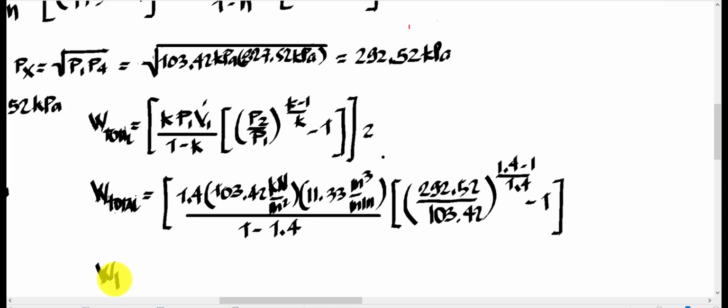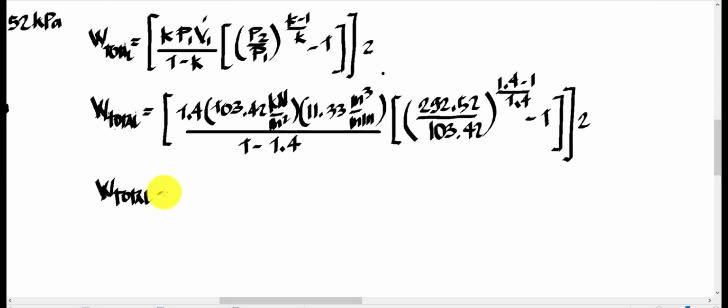So we have now the total work. I'm going to multiply this whole equation by 2 to get the total work. So we have a value of negative 1,406, that will be kilojoule per minute.